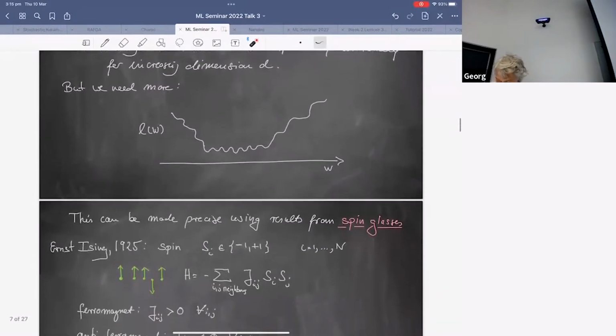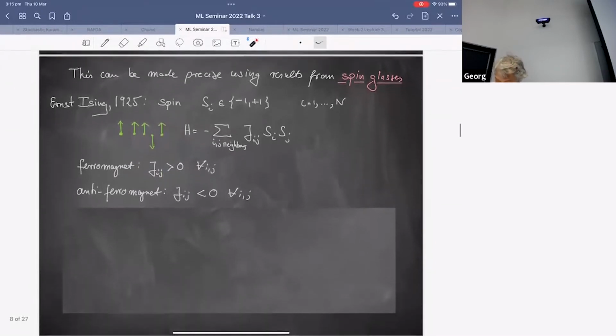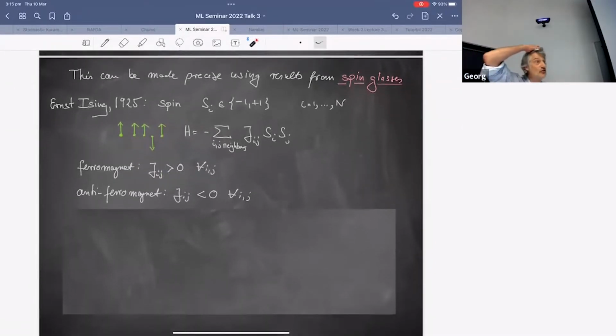One way people thought about this is through spin glasses. That's topical because of the Nobel Prize to Parisi, who got it for his work on spin glasses. But before I talk about spin glasses, I want to first talk about what spin systems are. It started with Ising in 1925.